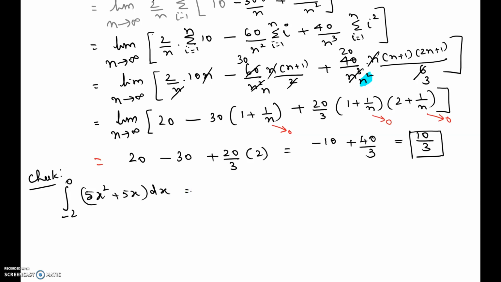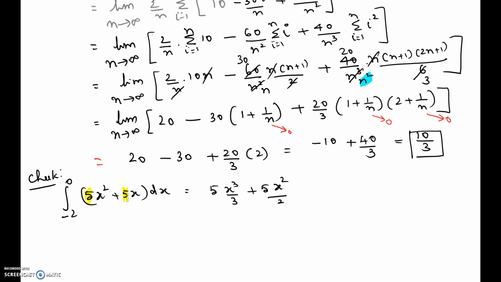So by the fundamental theorem of calculus, we write this as negative 5x cubed over 3 plus 5x squared over 2. You can even take the 5 as a common factor outside.